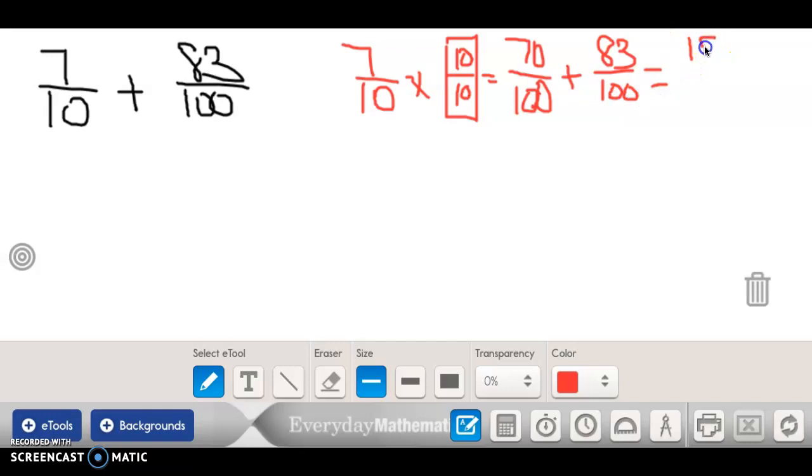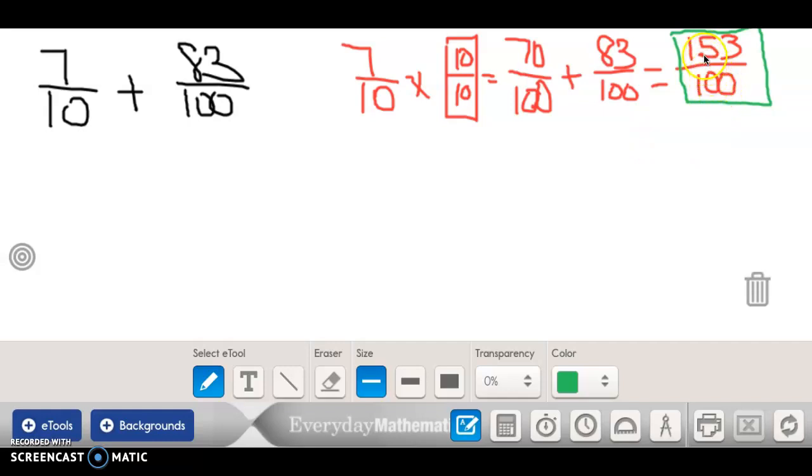My answer will be 153/100ths, and we see that Miss Cater now has an improper fraction. When I have a numerator that is larger than the denominator, it is called an improper fraction. I need to convert this into a mixed number.